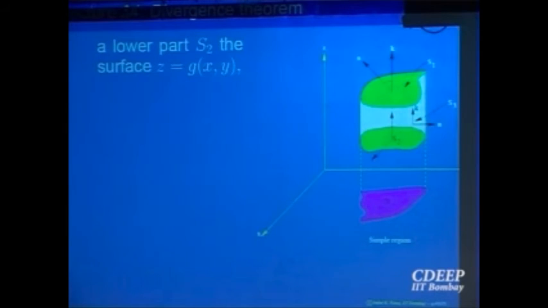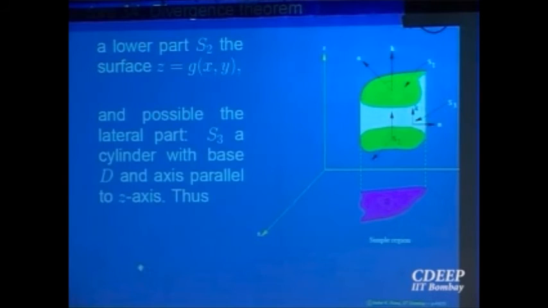So I am going to compute that integral, R cos gamma. How will you compute R cos gamma? Gamma is the direction cosine angle, and you have to see, according to S1, S2 or S3, whether it is acute or obtuse, to write it as a double integral.